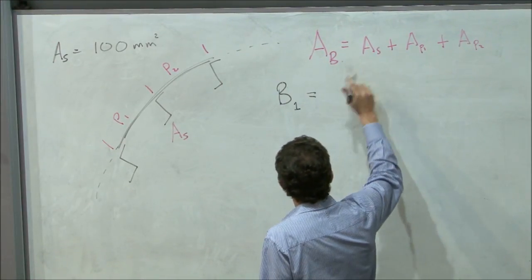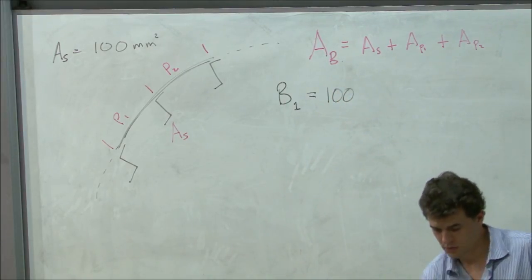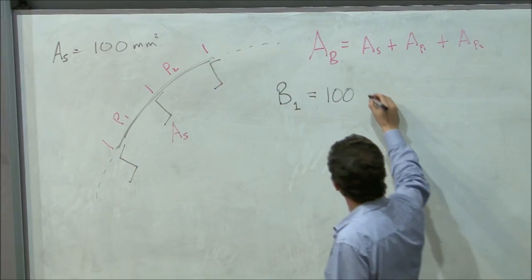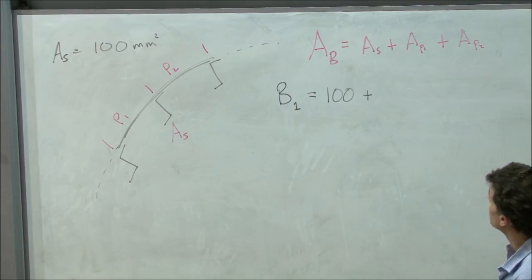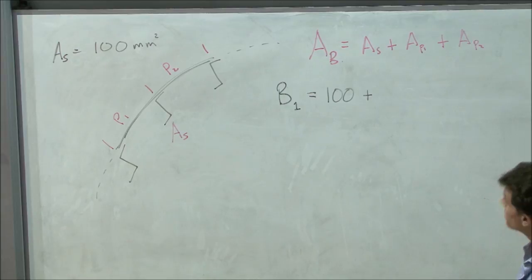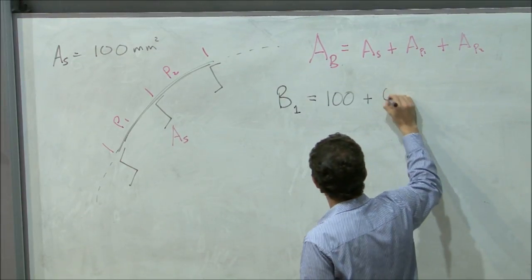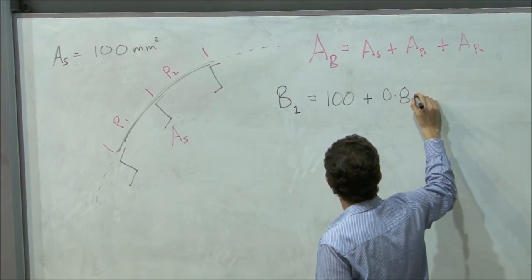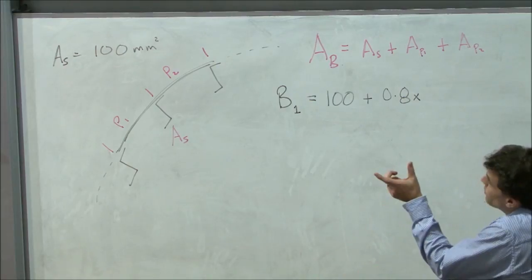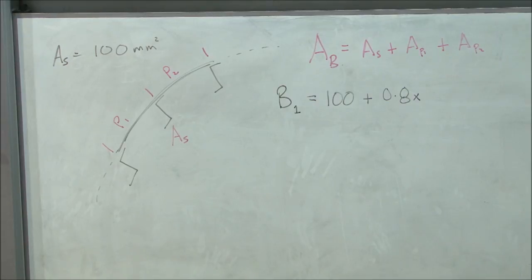So the A of the stiffener is 100 millimeters squared. The A from the panel to the left is the thickness, which is 0.8, times the width of the panel to the left, so we're talking here about panel 116.